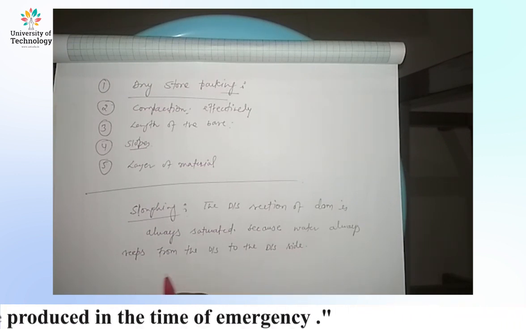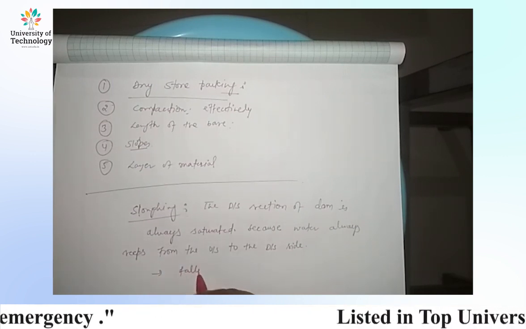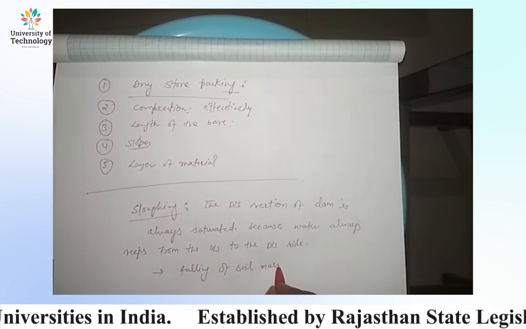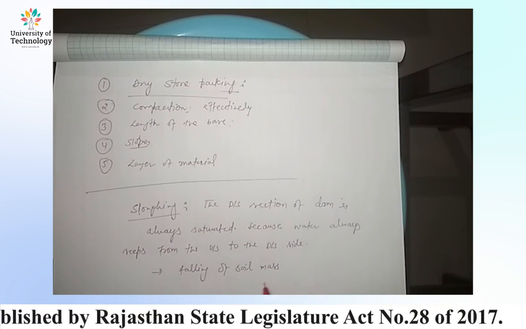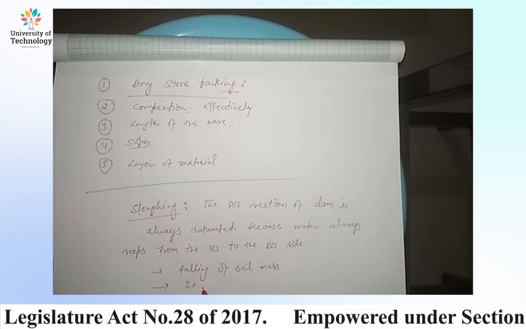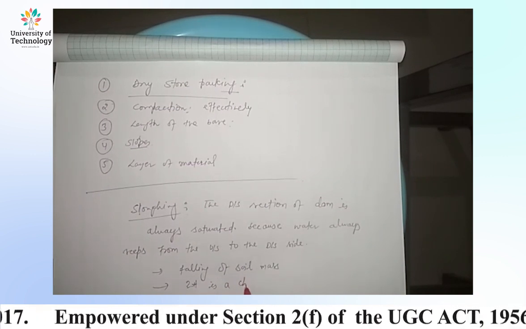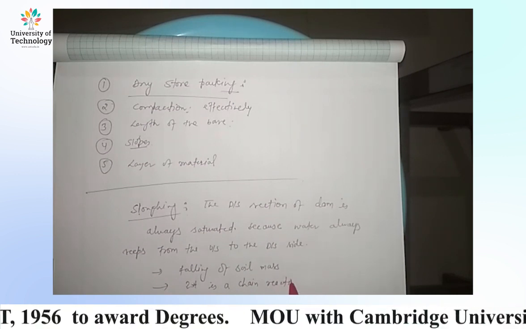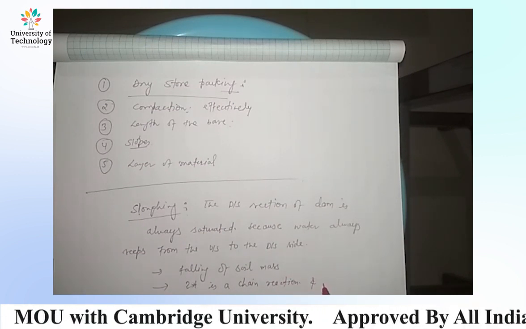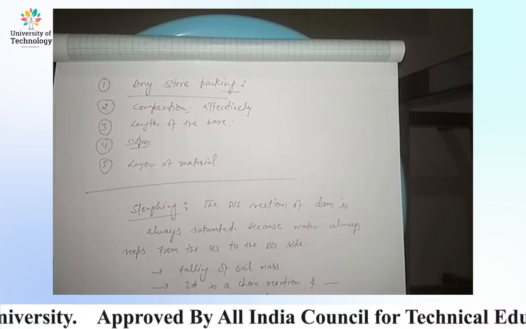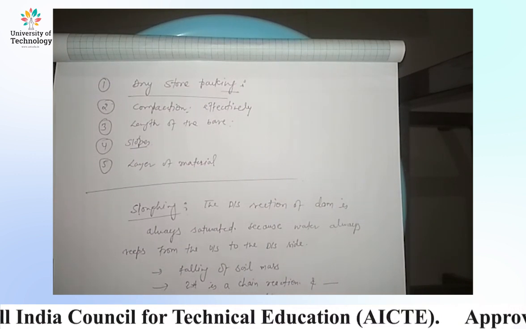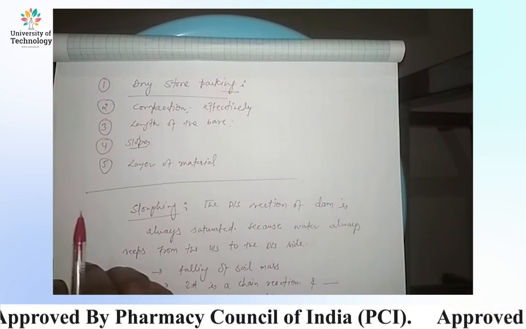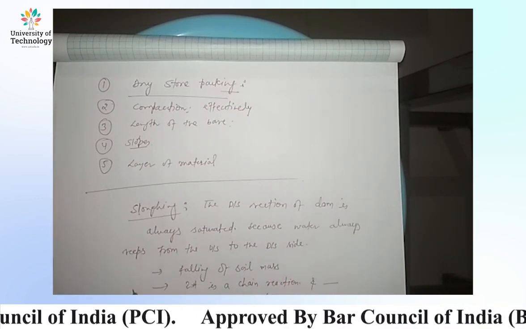Falling of soil mass may take place, and it is a chain reaction, meaning it may happen consecutively, and is called sloughing. So these are the major causes of seepage failure. Thank you.